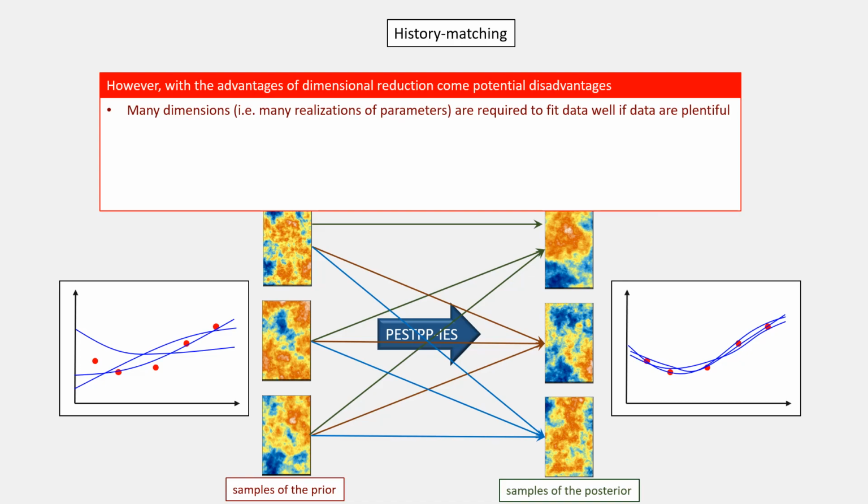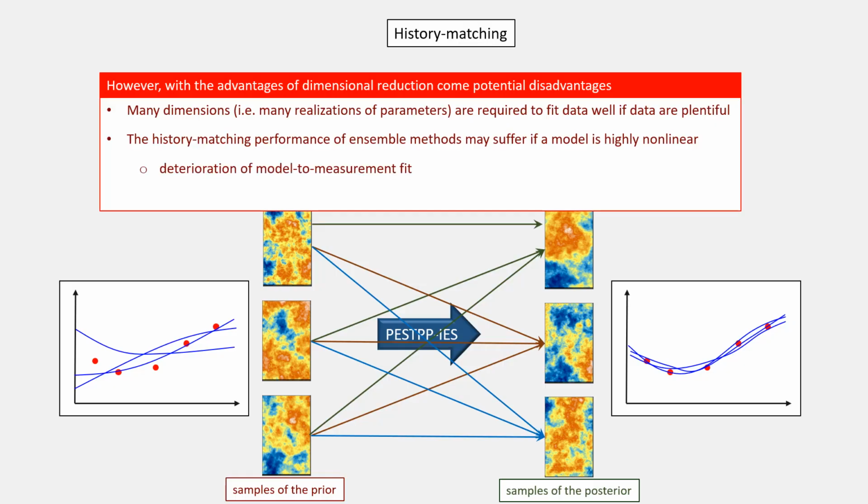So there's a bottom limit to how much we can reduce the dimensionality of the subspace. Also, if a model is highly nonlinear, maybe we don't get as good a fit with the history matching data set as we'd like. There are difficulties in working in a rigid subspace of parameter space. So we may not fit the data as well as we'd like.